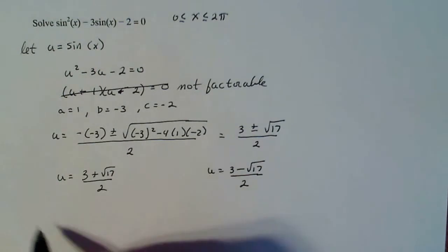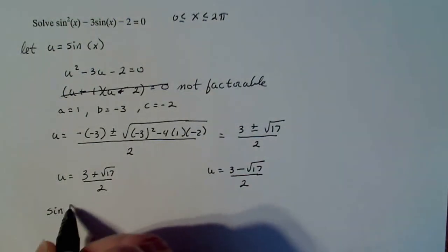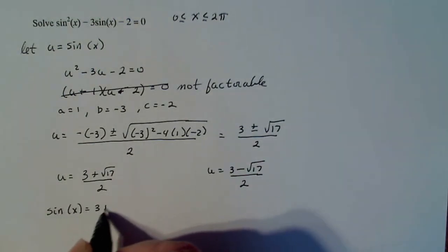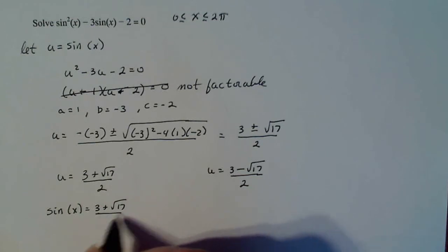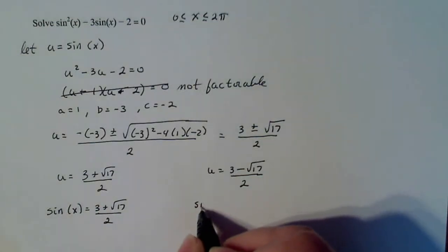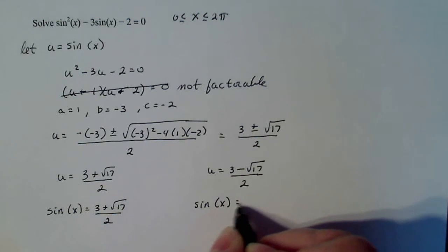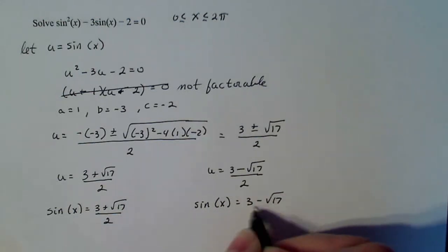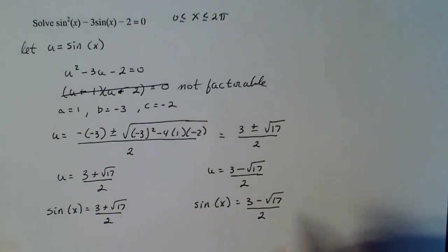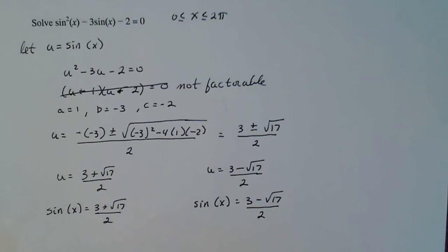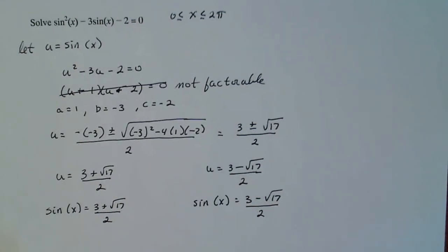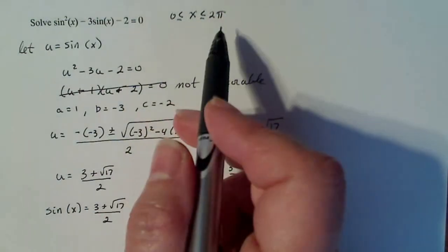But let's substitute sine back in. So sine of x is equal to 3 plus square root of 17 over 2. And then sine x equals 3 minus square root of 17 over 2. Remember, when you don't get something standard, you just use the inverse trig functions. And remember how the domain and ranges of inverse trig functions work so that you know how to find all of the angles between 0 and 2 pi.